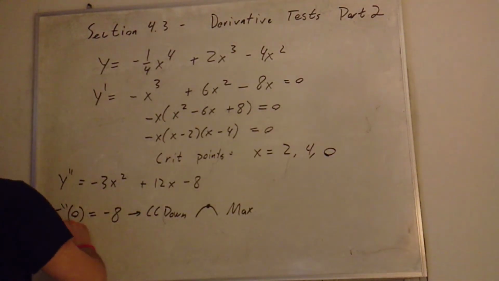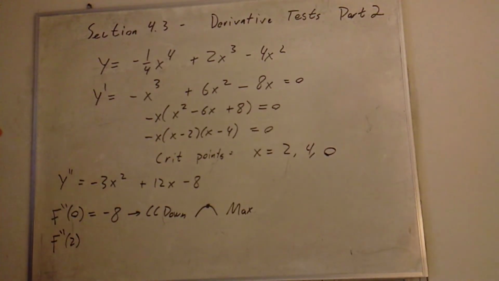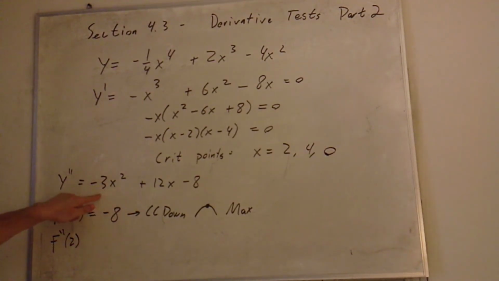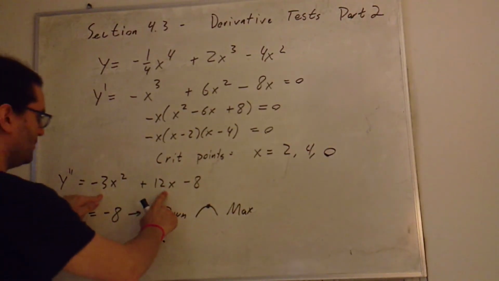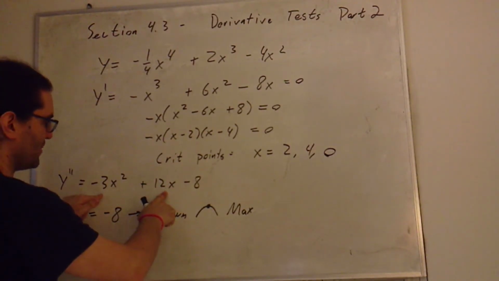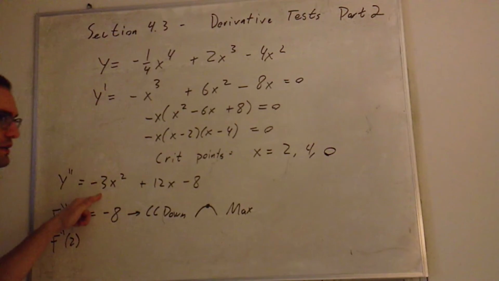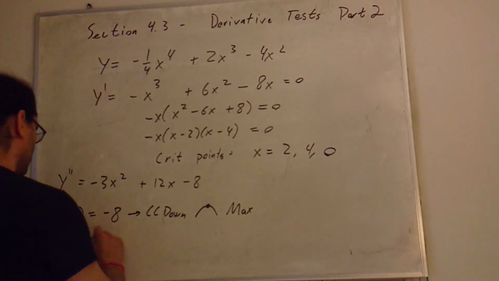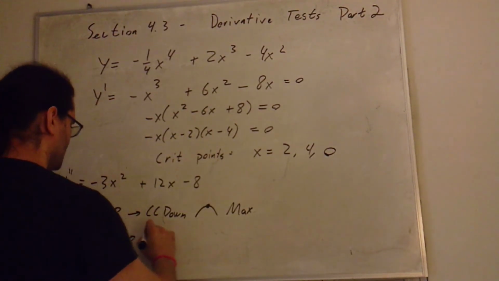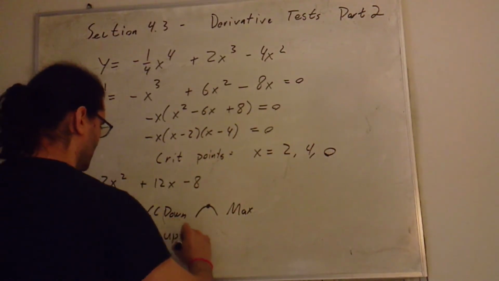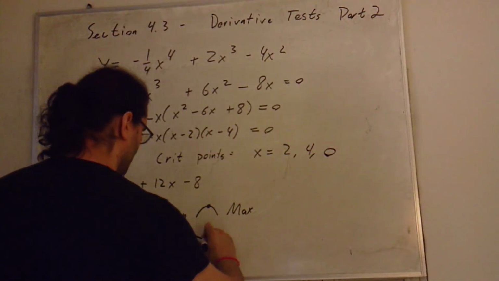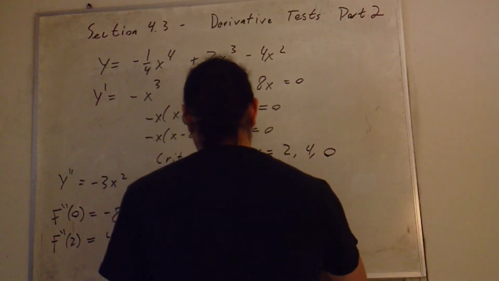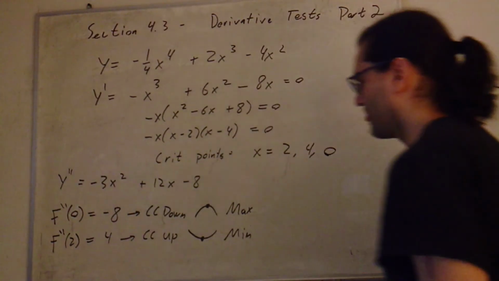Let's do f double prime of 2. When I plug in 2, I'll get negative 12 plus 24 is positive 12, minus 8 is 4. So this is concave up, which looks like a smiley face, which means I have a local minimum.